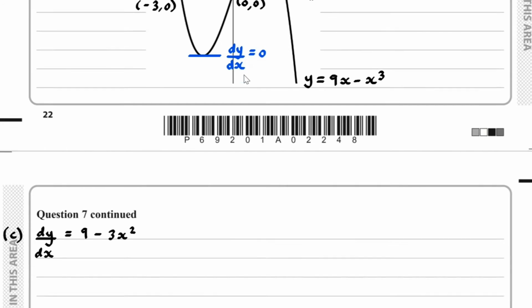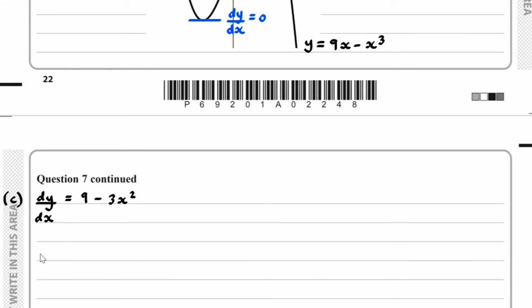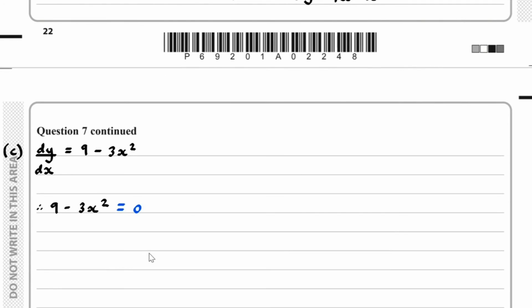And because we have stationary points, we would have 9 subtract 3x squared equaling 0. So x squared is equal to 3, in which case we can see x is equal to plus minus square root of 3.